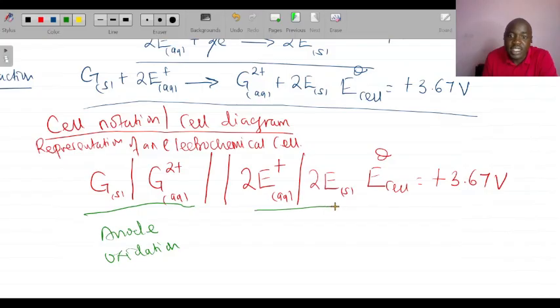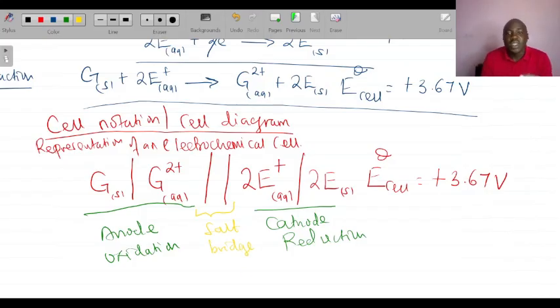Then on this end, we have our cathode, where reduction takes place. And not forgetting, we have these two vertical lines, which represent our salt bridge. It is simply a representation of what would appear if we were to draw.